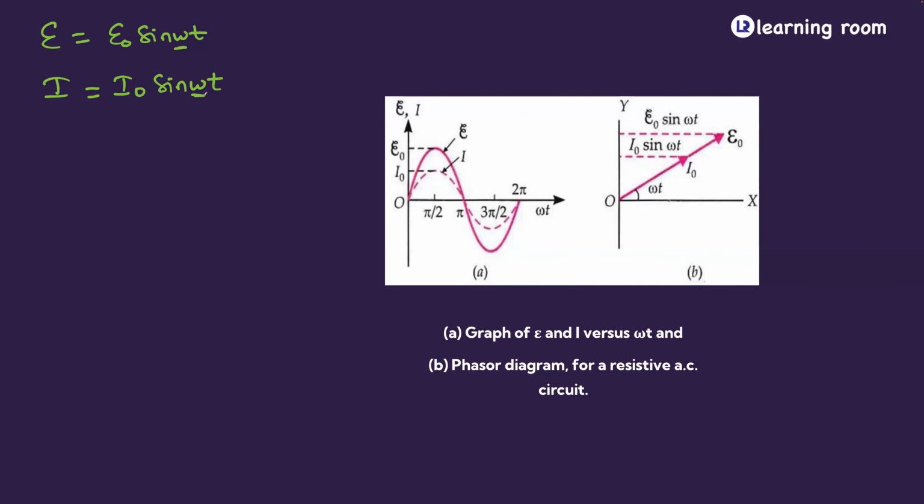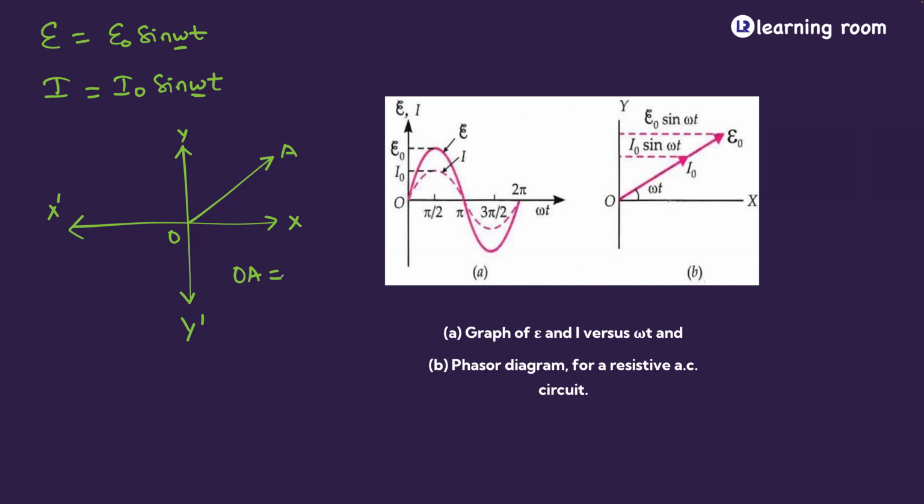When I draw the phasor diagram, I'll take the x-axis, y-axis, x dash and y dash. Clear with this? For E is equal to E naught sine omega t, if E starts from here, how much should I rotate it through? Through an angle of omega t. So if I take this O to A, then OA will be equal to how much?